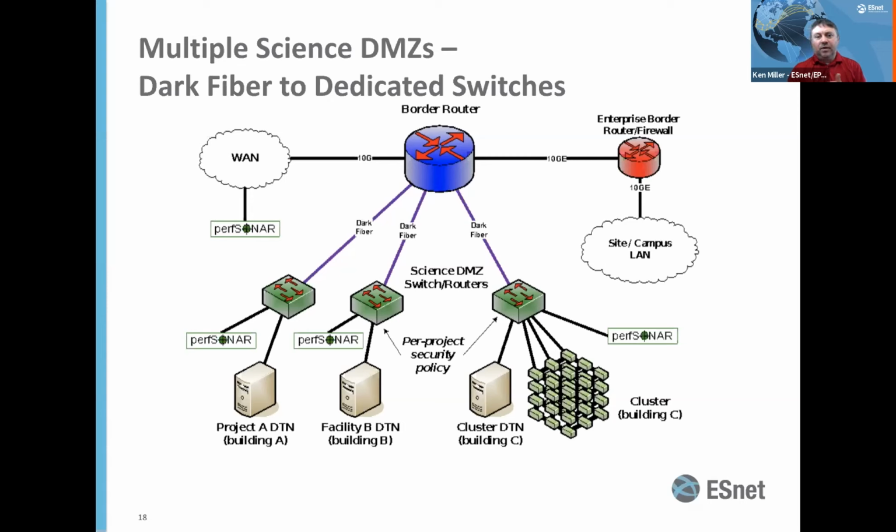One of the cons to this is you have to have multiple sets of equipment. The Science DMZ switches and routers need to have deep enough buffers to handle these larger transfers. So it's multiple large sets of equipment that you would have to support, but at the same time, these are developed around different security profiles and different data transfer sets.